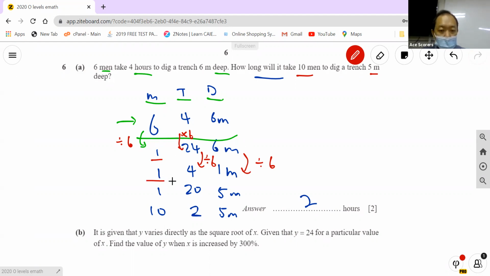Right, so I like these numbers here because this is like my base. 1 man will take 4 hours to dig 1 meter. And then after that, I increase here to 5, so times 5. Here also times 5. And then after that, I times 10 here. Now, because it's an inverse relationship between number of men and time, here divide by 10.